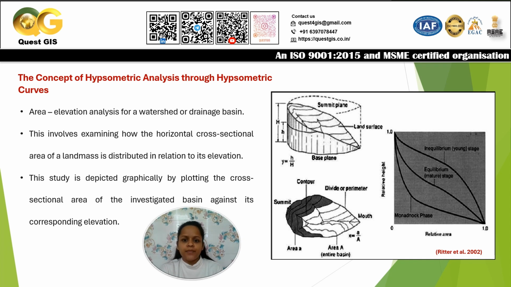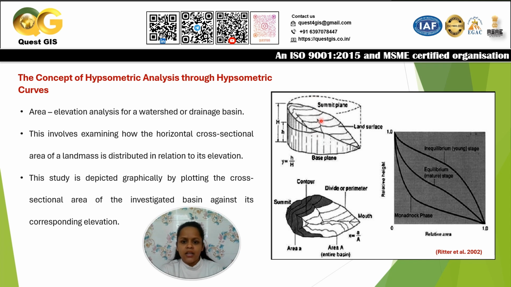Basically, hypsometric curves involve examining how the horizontal cross-section area of a landmass is distributed in relation to its elevation. You see these are the elevations, and this is the horizontal cross section.